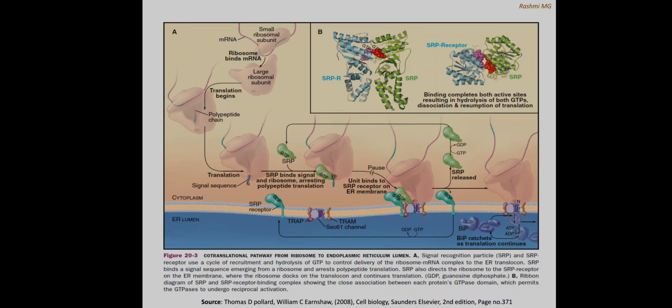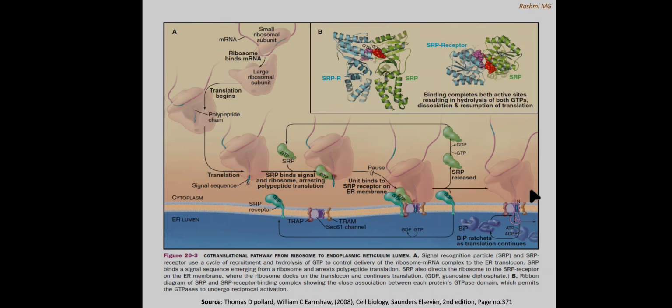After this, the signal sequence is cleaved. The N-terminal signal sequence will be cleaved with the help of signal peptidase. The function of the signal sequence is over, no? As the protein is directed to the ER lumen, there is no function of the signal sequence anymore.